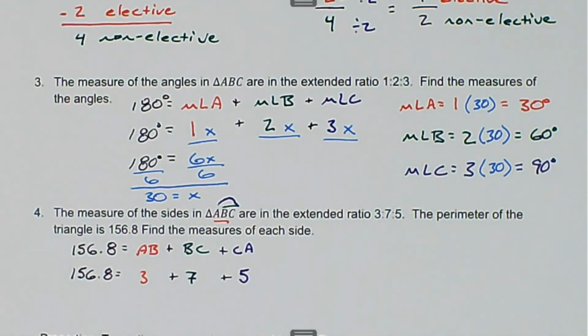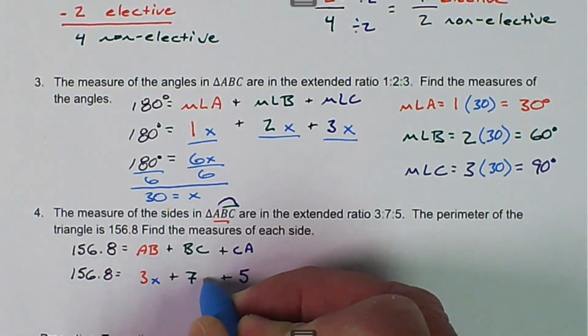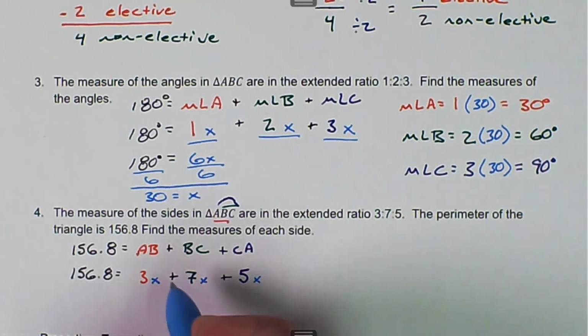And again, we want to find out 3 plus 7 is 10 plus 5 is 15. That does not equal 156.8. So we have to scale this by the same factor. So if we plug an x into all those, the ratios will remain the same. And then we can solve it similar to the way we solved the one above, where we can combine like terms.